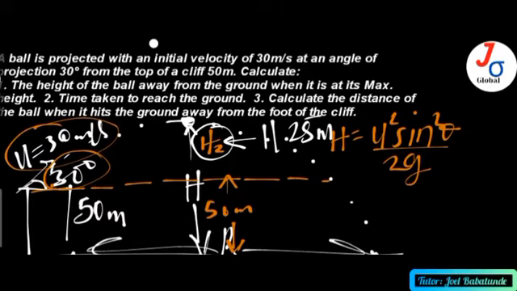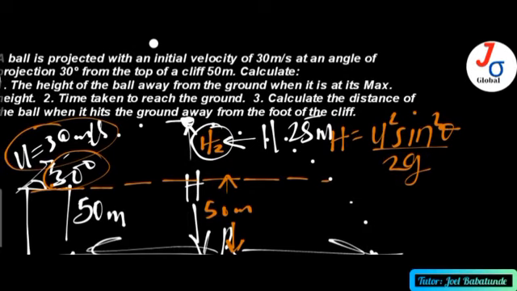All right. So can we calculate for the height away from the ground? Remember that from here to here is 50 meters. Then from here to here is 11.25. So what's the height from here to here?